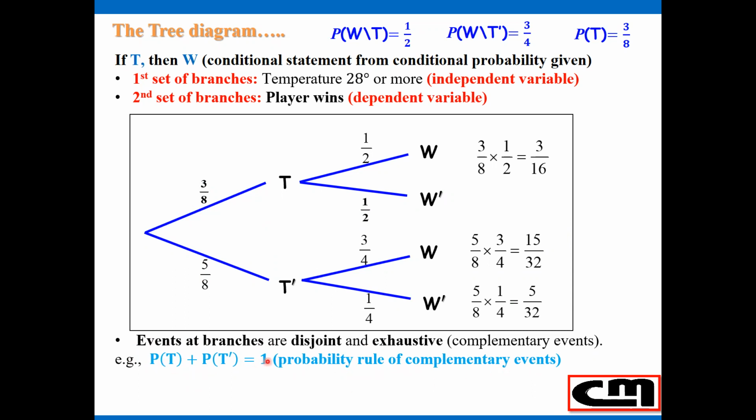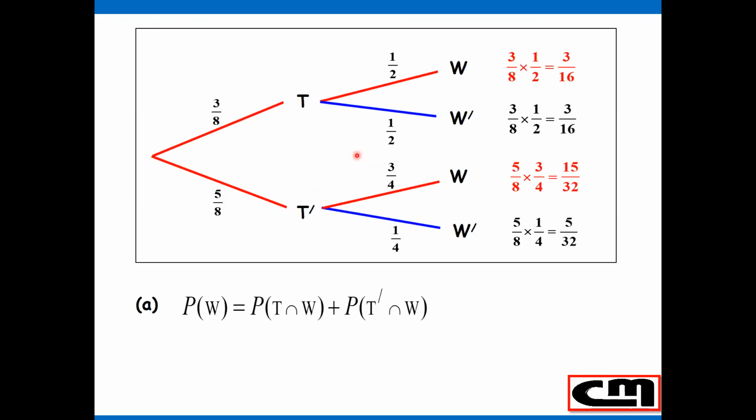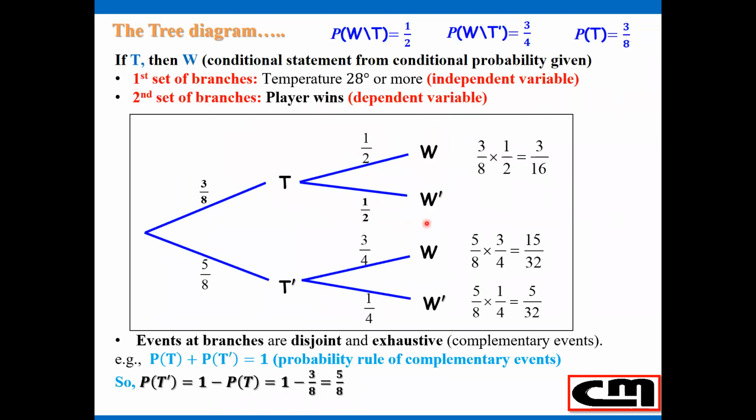Then when you do your algebra, you make probability of P prime the subject: 1 minus probability of T. Probability of T we are given is 3/8, you subtract to get 5/8. This is what I have here, right? Then the others follow the same pattern.